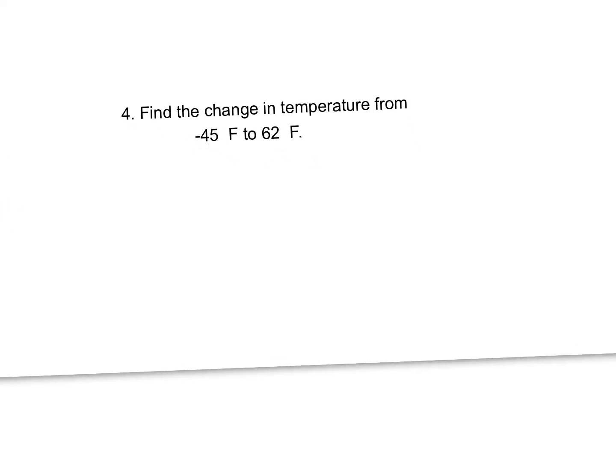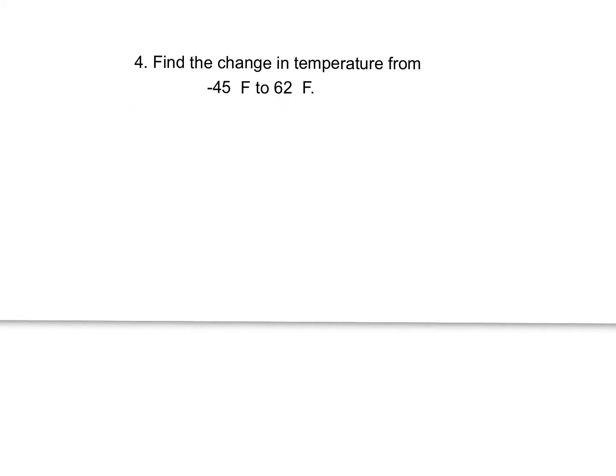All right, next one. Change in temperature. Find the difference. Now with something like this, we have to note whether we're dealing with an increase or a decrease, because there are two different formulas.